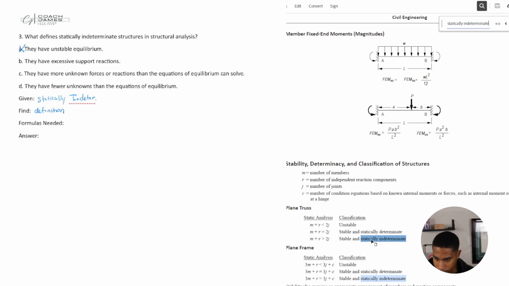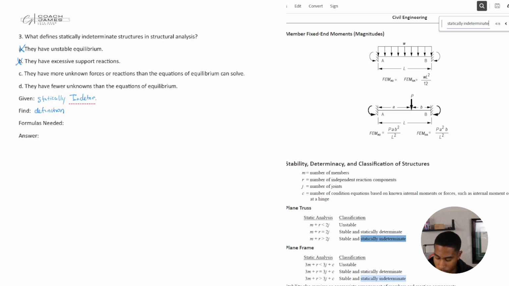And we're looking at statically indeterminate. All right. B, they have excessive support reactions. It's kind of hard to define excessive support reactions, so it doesn't really make sense to me.